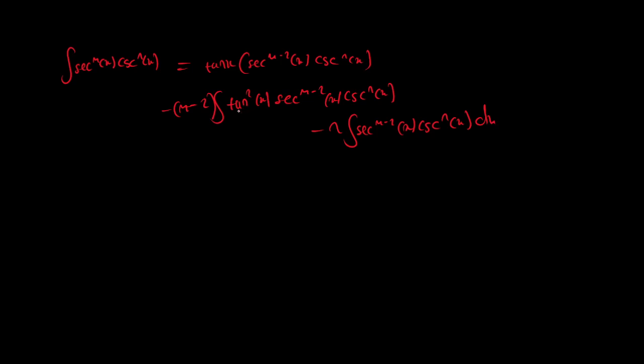Now tan squared x is secant squared x minus 1. So let me get a different color.